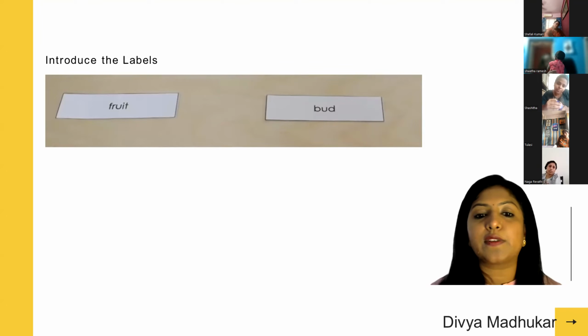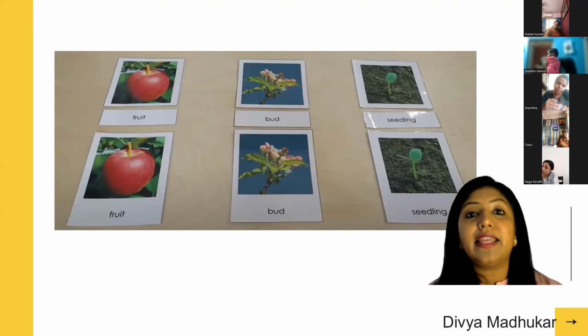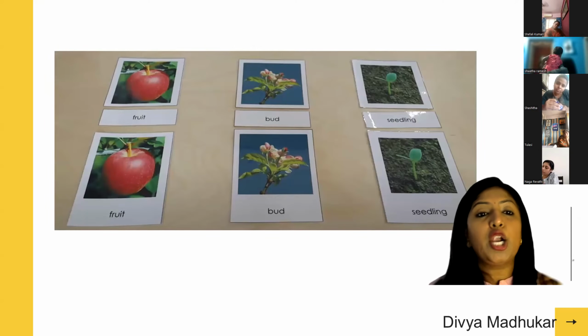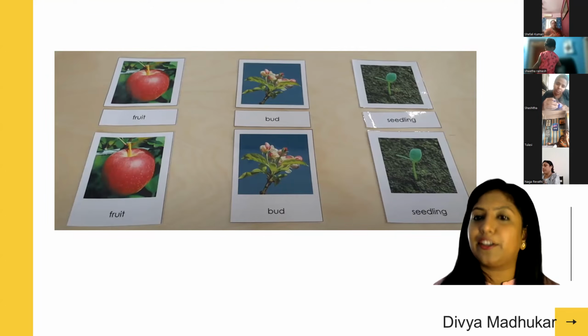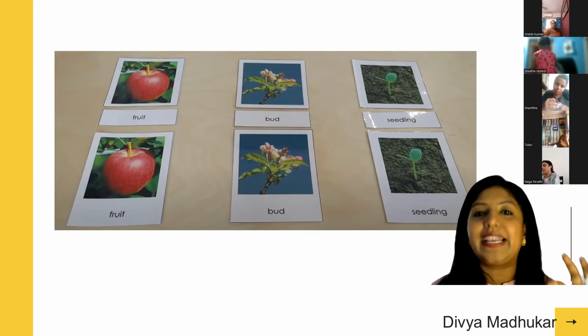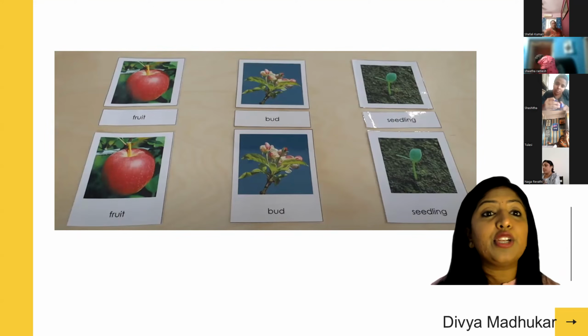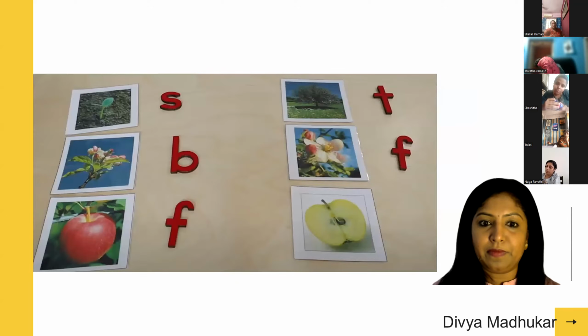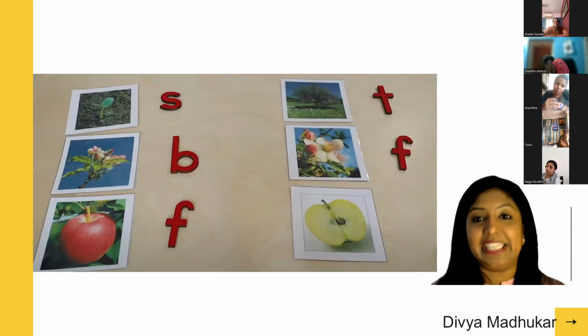So you can always go with the beginning sounds. And then you can ask the child to match the picture and keep the corresponding label depending on the beginning letter sounds. This becomes one of my primary exercises when I introduce sounds to children. Now, what if I'm introducing writing?